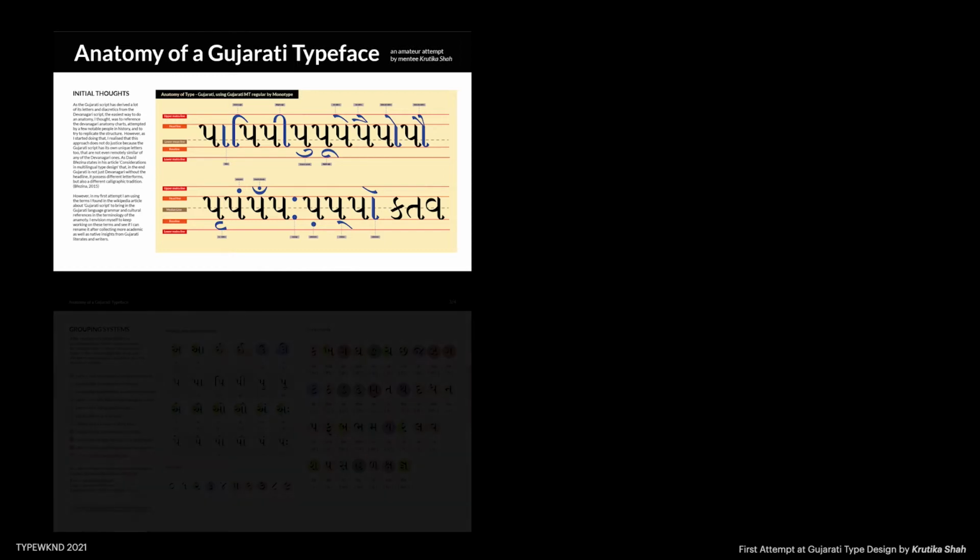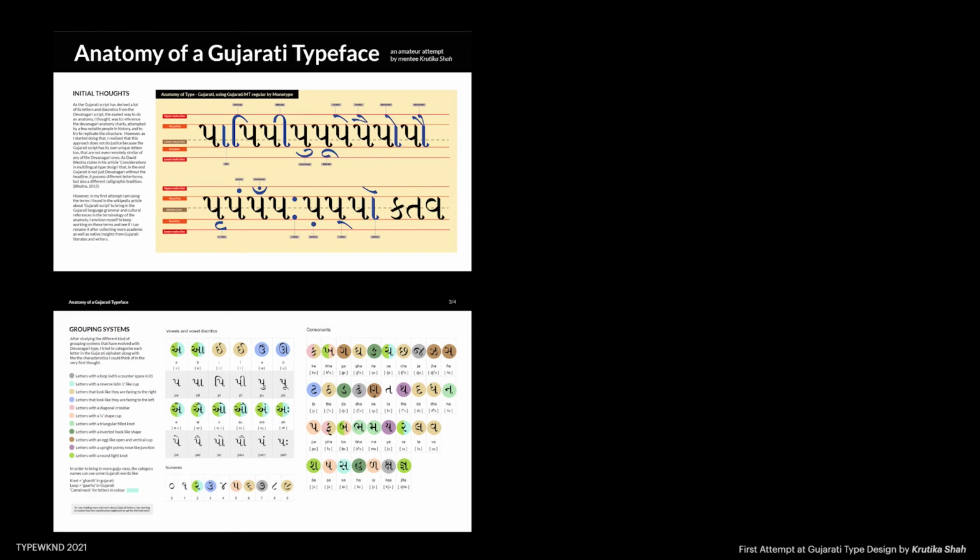I then worked on an exercise on grouping systems and group letters which had similar features. So, this exercise would later help me maintain consistency in similar characters during the design phase.